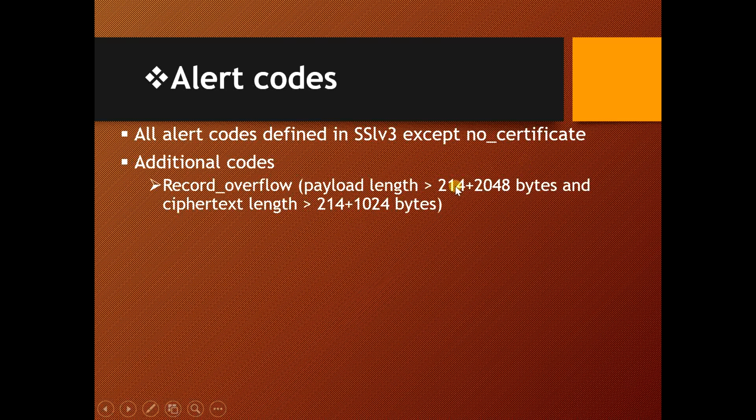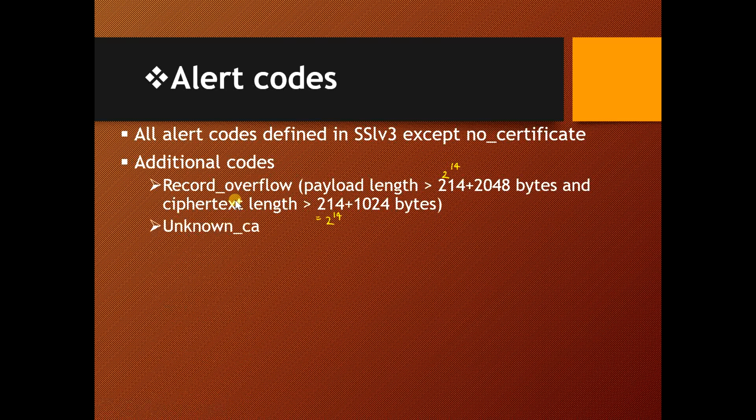Kindly excuse me, this should have been 2 to the power 14 plus 2048 bytes, and even this should have been 2 to the power 14 plus 1024 bytes. So when the ciphertext length exceeded these byte values, we had an alert message called record overflow.